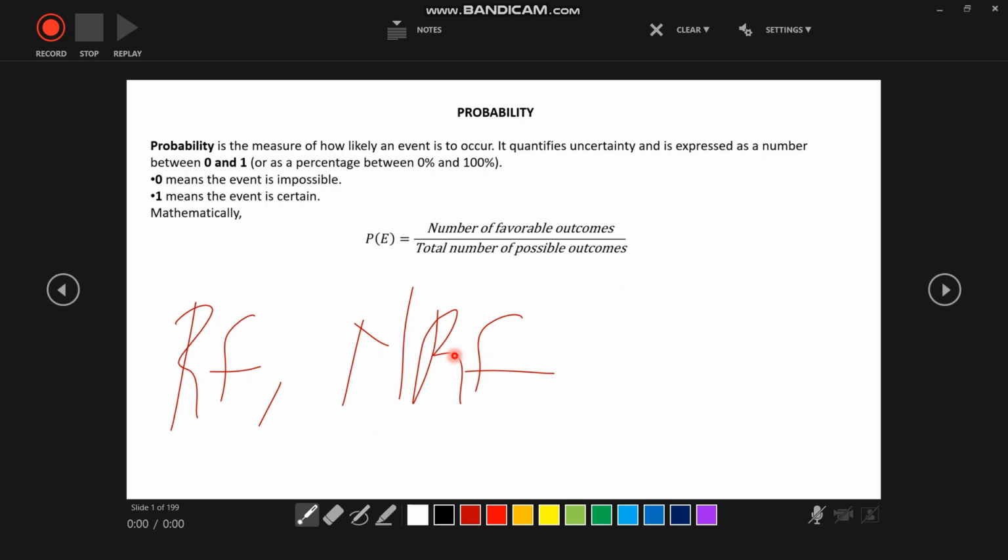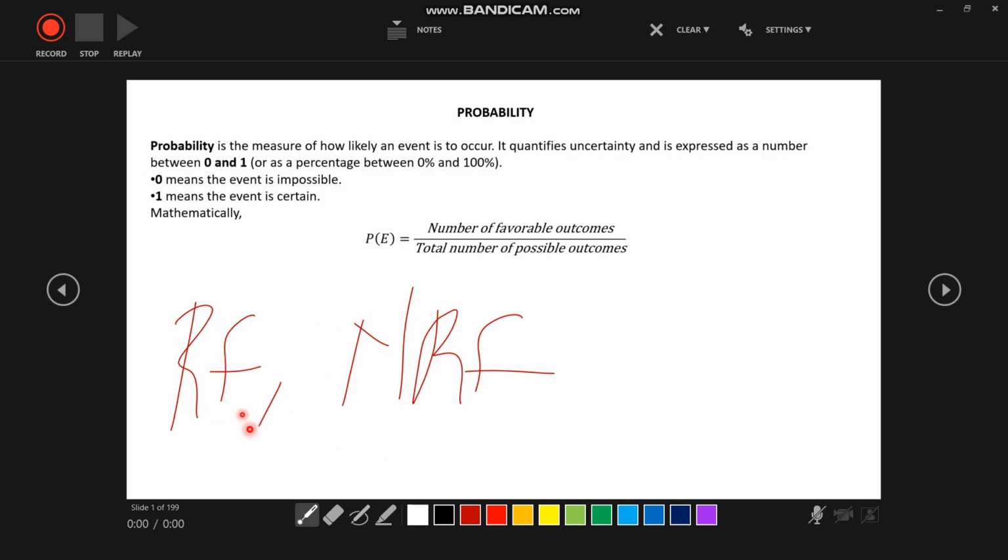Now you have to determine the number of favorable outcomes. In this case, our favorable outcome is rainfall. We are dealing with rainfall. So you check your possible outcomes. How many times did rainfall appear from our possible outcomes? Rainfall only appears once.